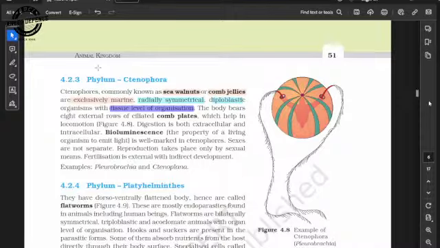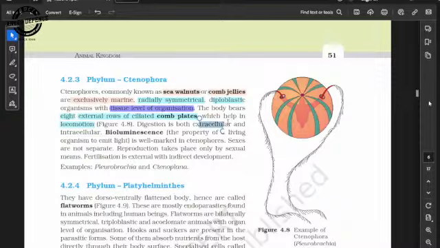One important point, they have external rows of ciliated comb plates, hence comb jellies. Comb plates, 18 in number. This typical structure is used for locomotion.